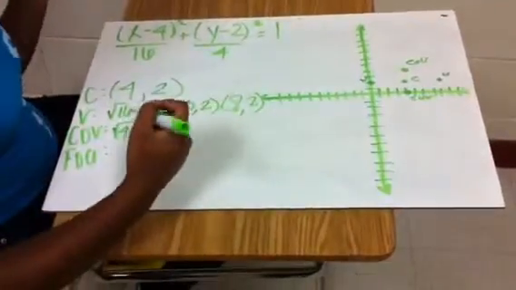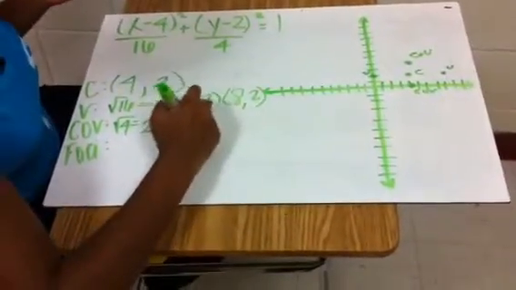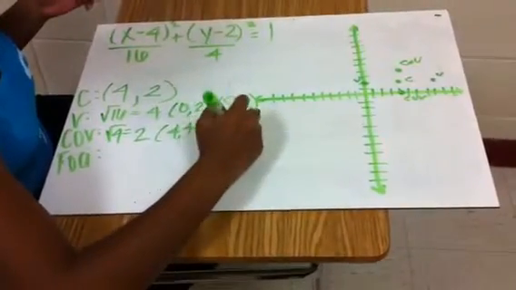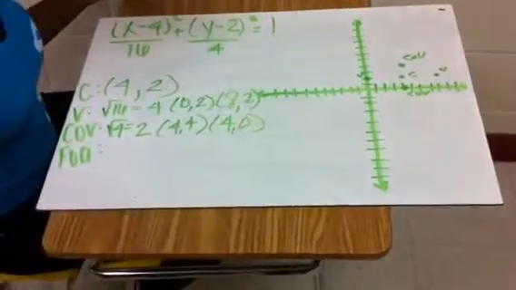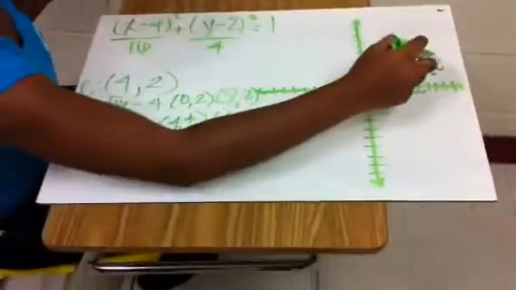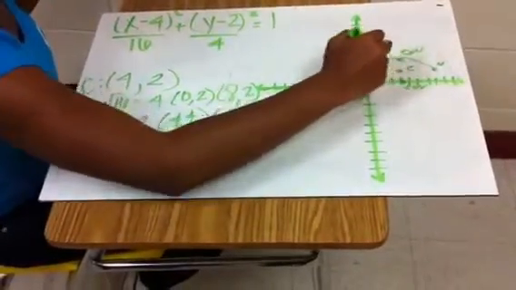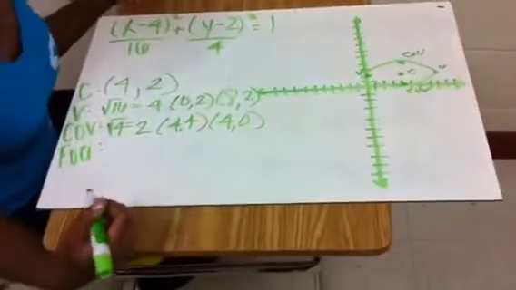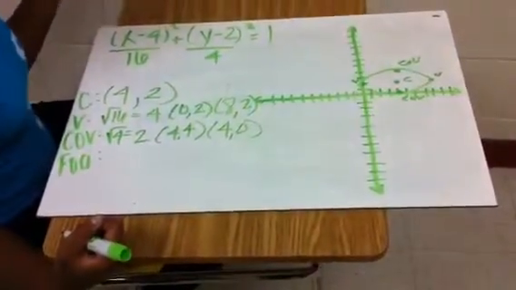Your points for your co-vertices are 4, 4, and then 4, 0. Now you can connect the points on the graph. In this case, this one is a horizontal ellipse.